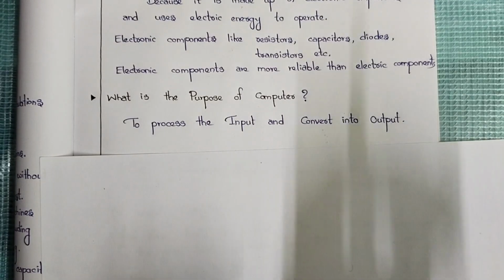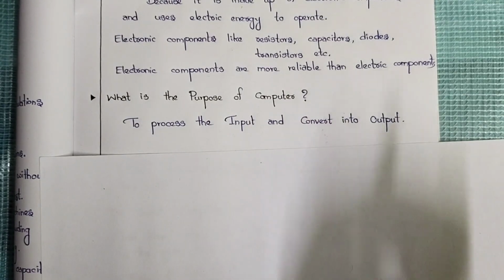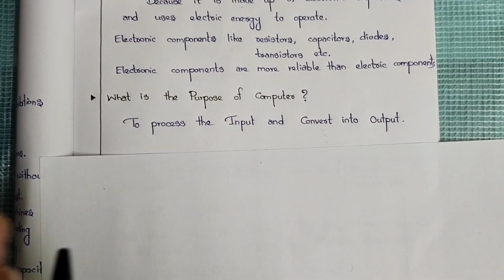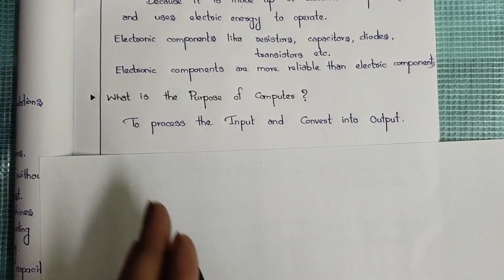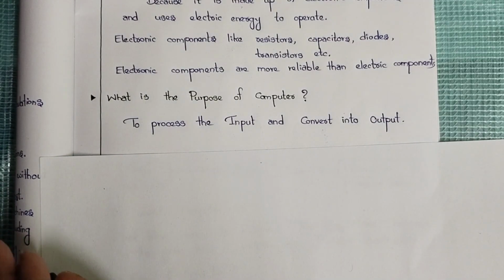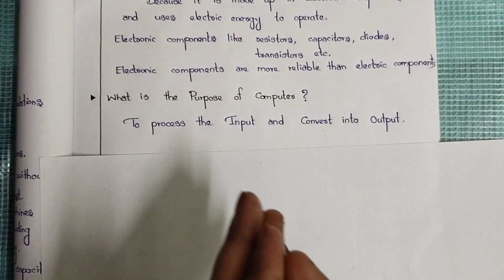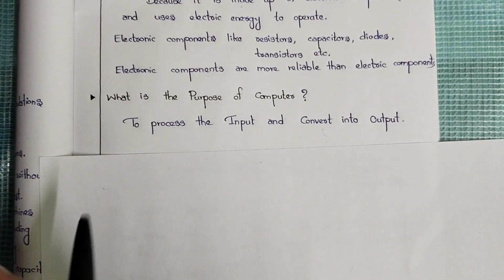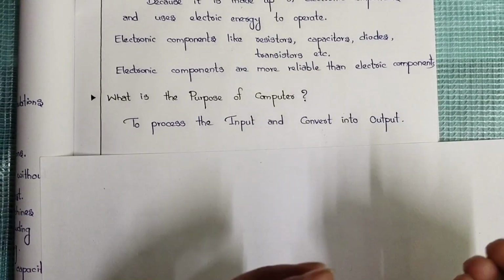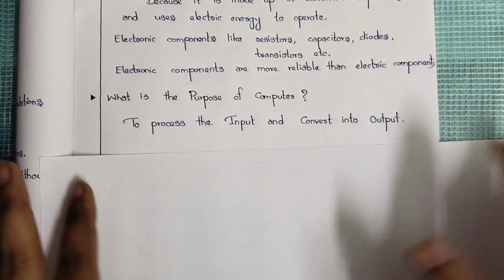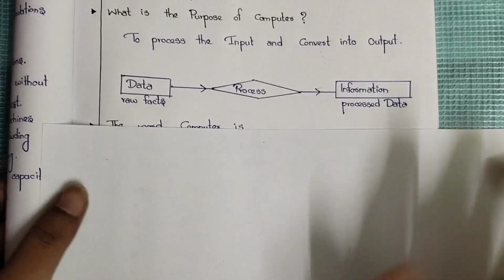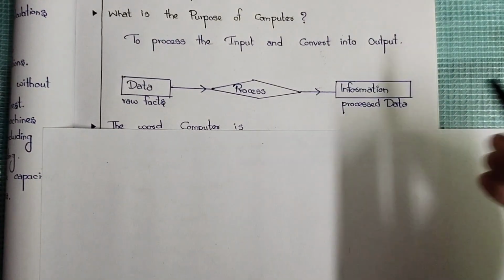So the computer will take the raw data or the raw facts, process that, and convert those raw facts into processed data. That processed data is called information.